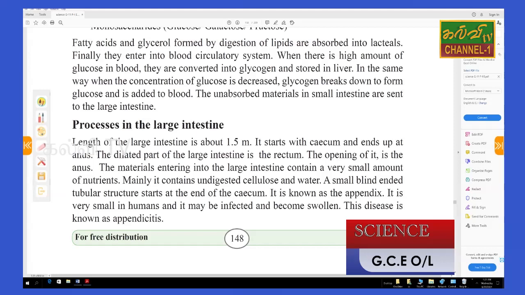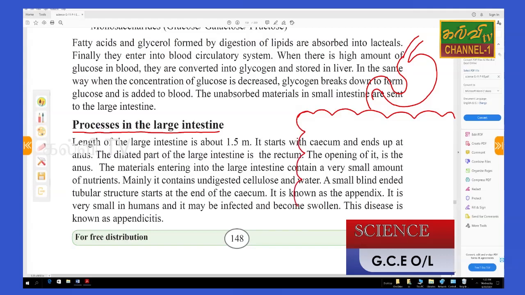Now you can see on the screen, processes in the large intestine. We should know what the large intestine is, so I would like to draw the parts. Here is the stomach, and we will study the large intestine.